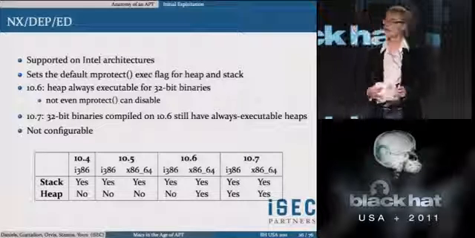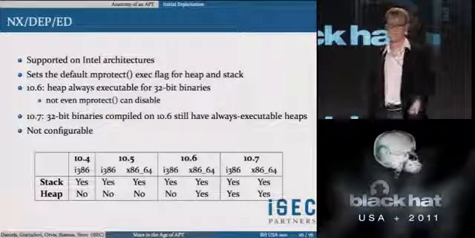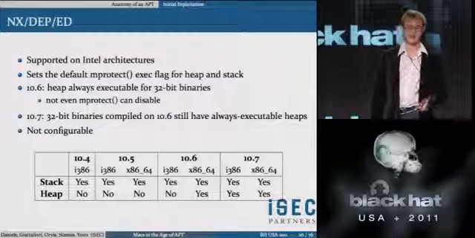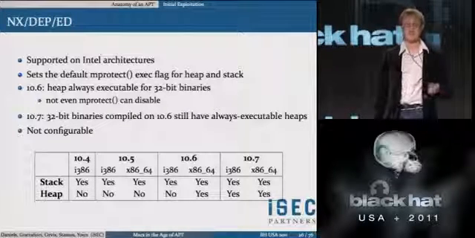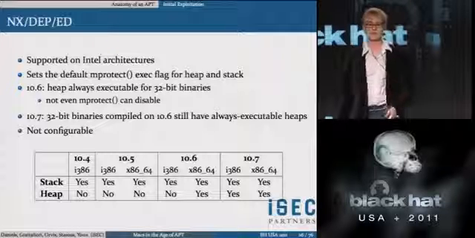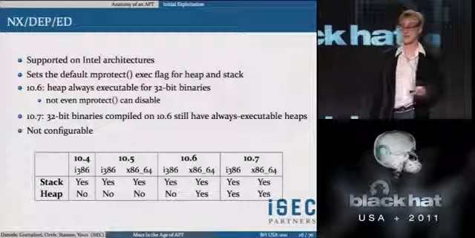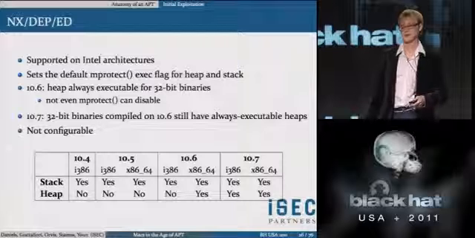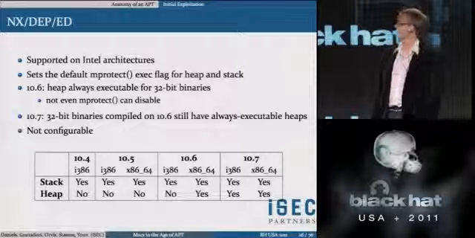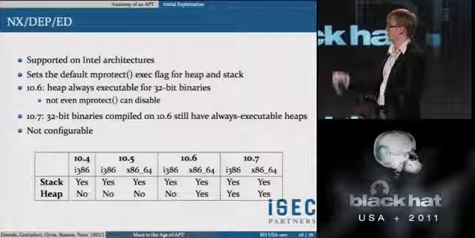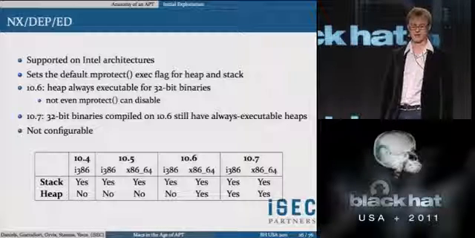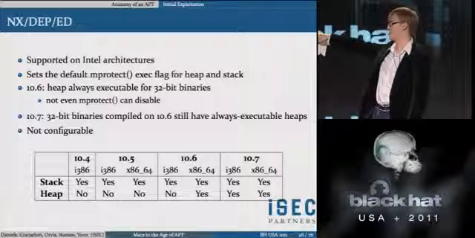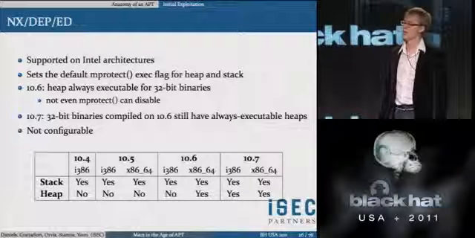You then have the NX bit on Intel, also called DEP, data execution prevention, where you disallow code from executing in the data part of your program. It's been supported on the Intel architecture since 10.4, but Apple hasn't really implemented stronger support for it until essentially 10.7, where it finally has full coverage.